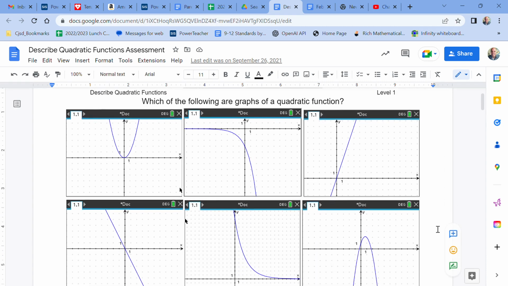We have learned so far about linear functions and exponential functions. And I'll remind you that exponential functions have a curve in them, but they also have a feature that is basically like a little tail, right?